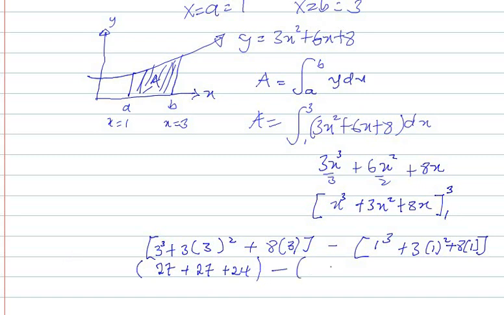For the lower limit, 1 squared is 1, 3 times 1 is 3, plus 8 times 1 is 8, so 12. Summing the upper limit, 27 plus 27 plus 24 gives 78, then minus 12 gives 66. So our area is equal to 66 square units.